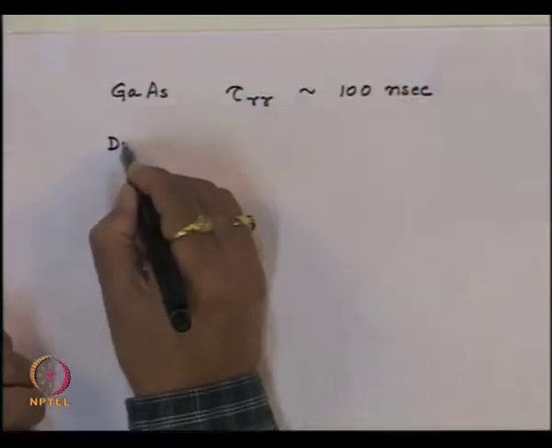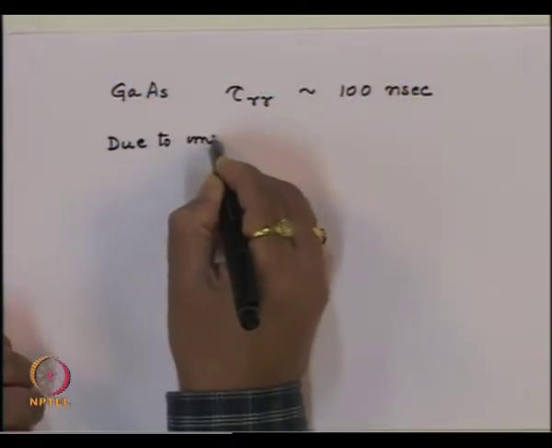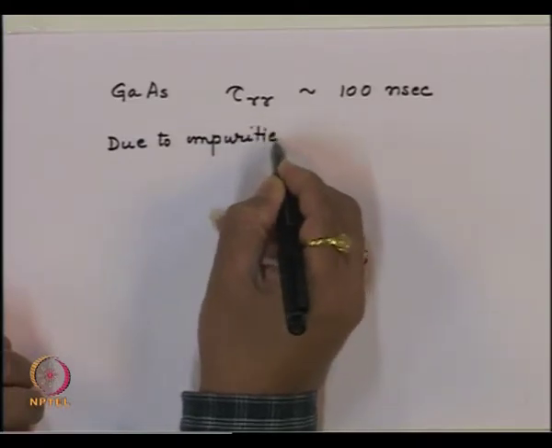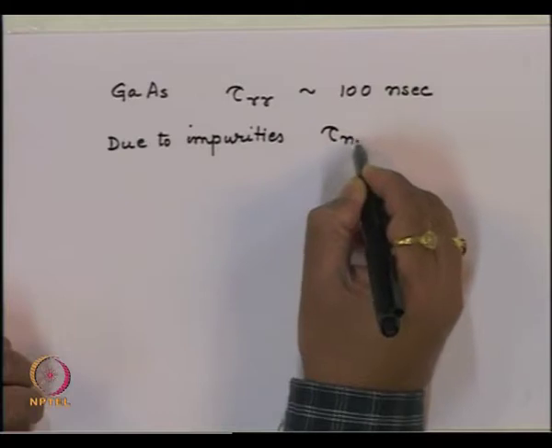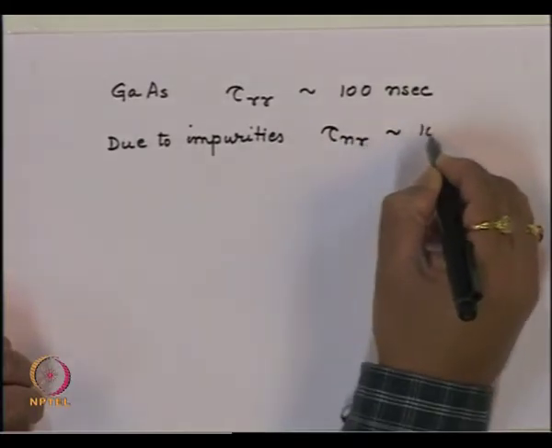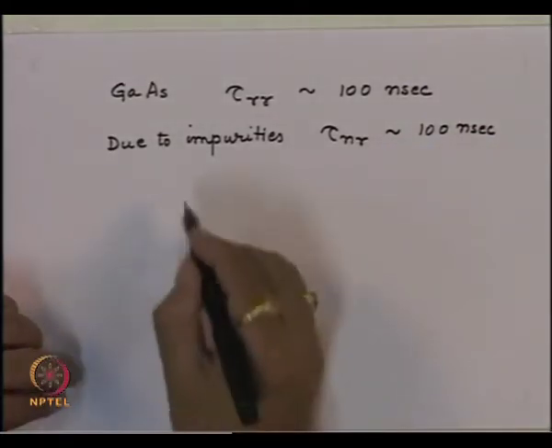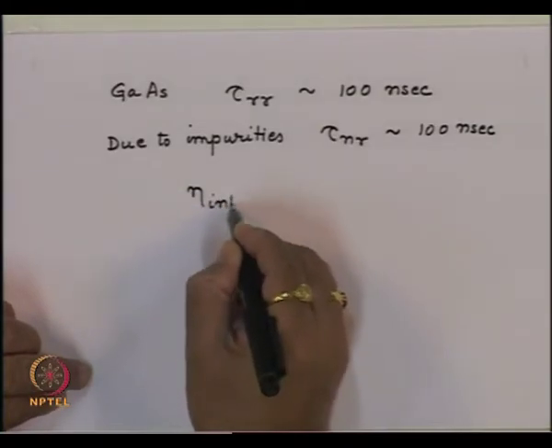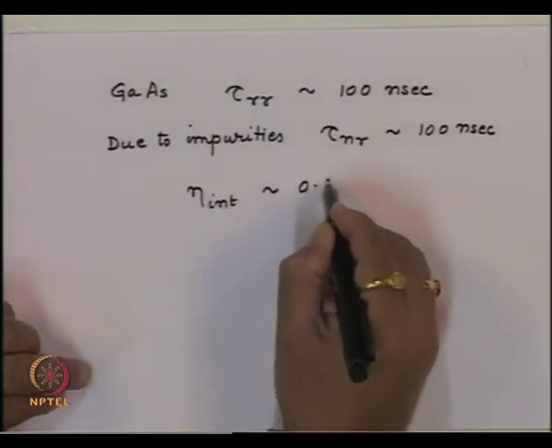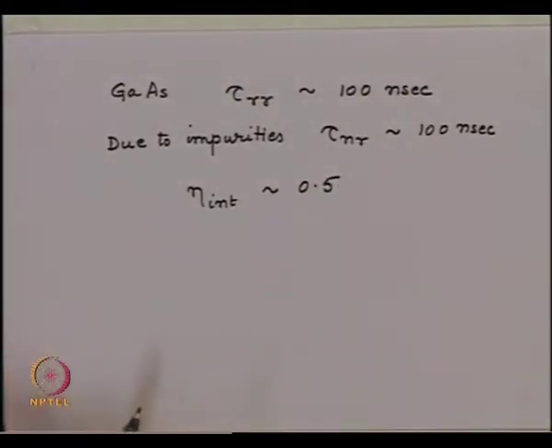But in practice, due to impurities, tau NR also is of the order of about 100 nanosecond. As a result, you get the internal quantum efficiency of the order of about 0.5. That means whatever electron hole pairs are recombining, approximately 50% of that give you photon out.